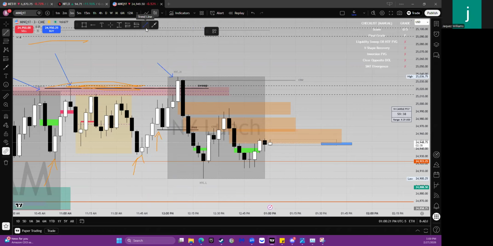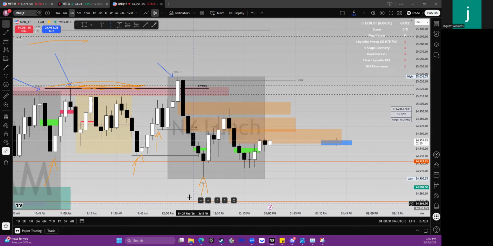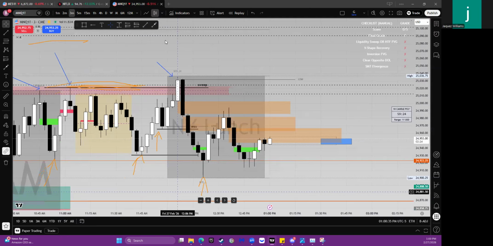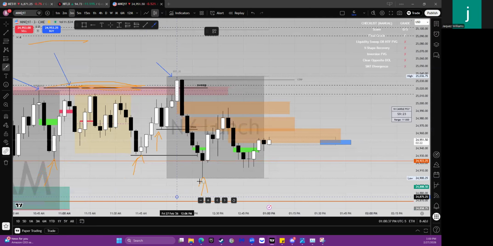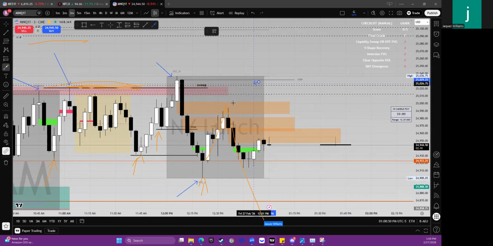When we get this market structure shift, it puts in a low that's lower than all the rest of these lows. These lows were going higher, but the market structure shift put in a new low. Once that new low is put in, you know the trend changed. When the trend has changed, we wait for a pullback, and once it pulls back, we enter and take it to the downside.